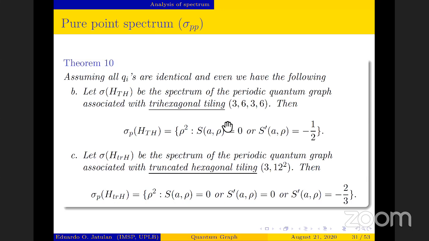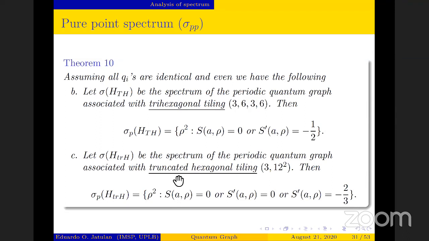For this one, we have the Dirichlet together with S prime of A equal to -1/2. And for the truncated hexagonal tiling, we have an additional condition: aside from S of A equal to 0, we have S prime of A equal to 0. So all these are the pure point spectrum for the quantum graphs.